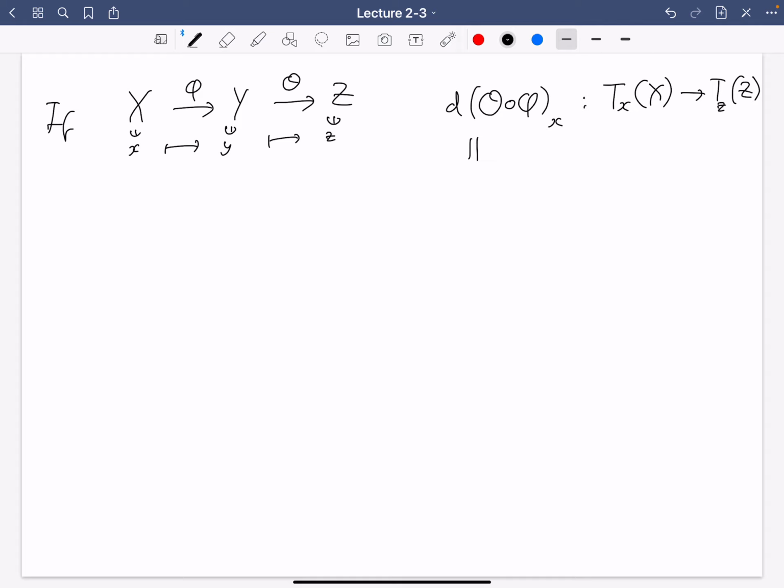Of course, this would better be equal to the differential of theta at y compared with the differential of phi at x. So this is kind of a chain rule. And that's very easy to check. You just have to plug into the definitions, and it just follows because the comorphism of theta after phi is phi star after theta star.